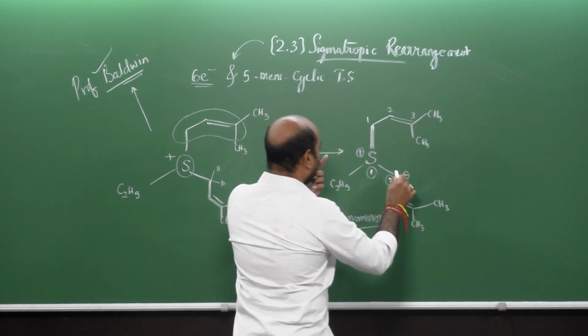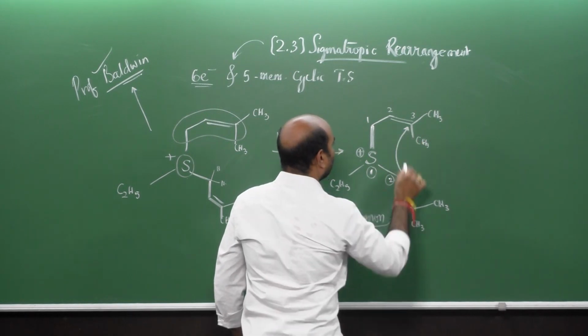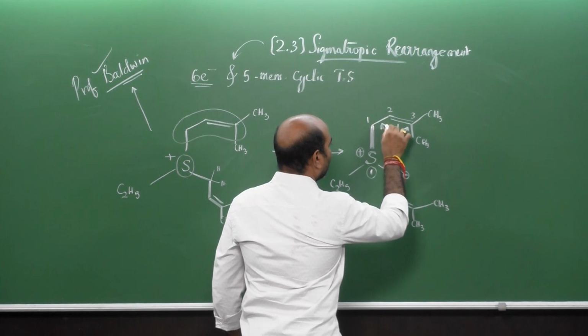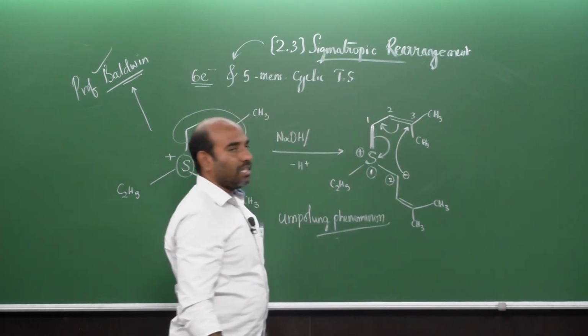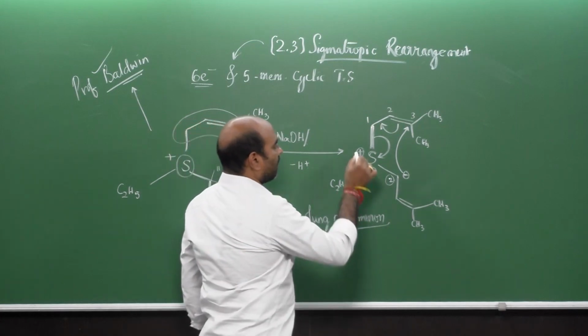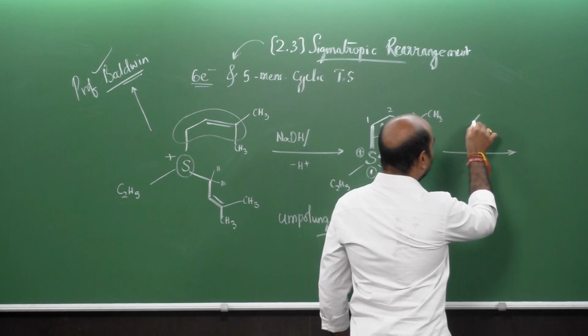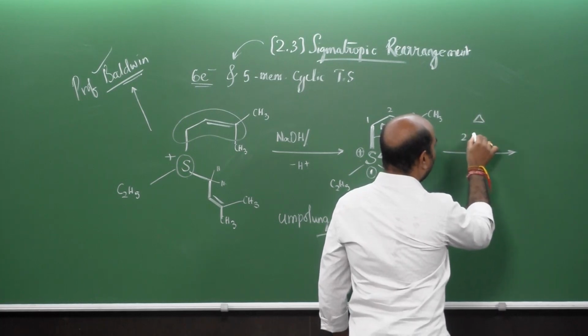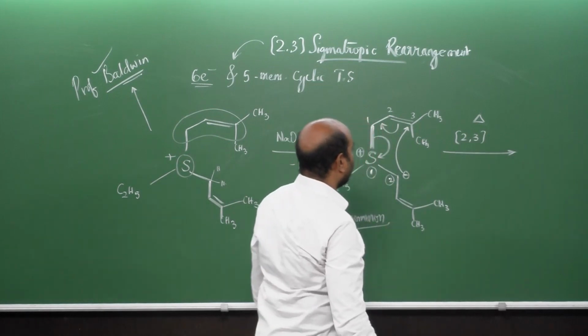So how it is happening is, this is attacking the third carbon atom, this pi bond is shifting over here, and these electrons are moving on to the sulfur atom because it is having the positive charge. So this particular step can only be called the sigmatropic reaction or the pericyclic reaction.